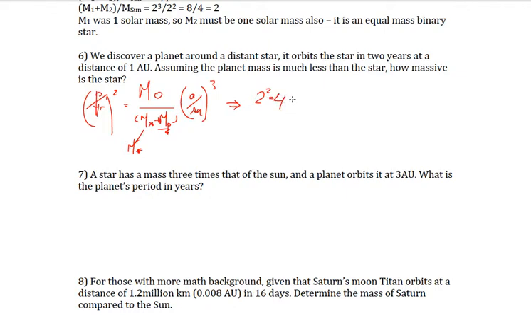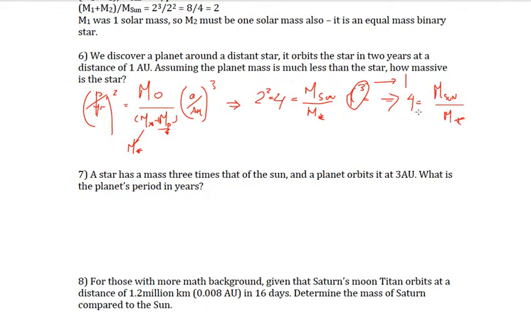That equals the mass of the Sun divided by the mass of the star times the semi-major axis, which is 1 astronomical unit divided by astronomical unit, so it's just 1, and 1 cubed just equals 1. So then 4 equals m Sun over m star.